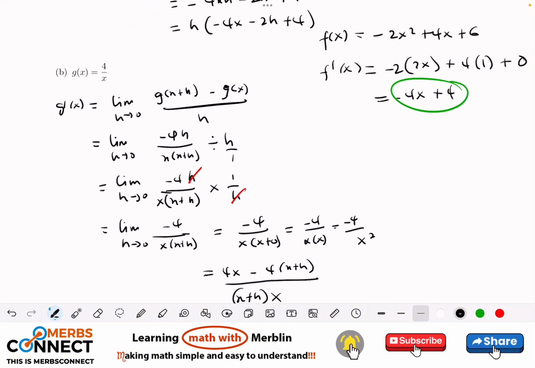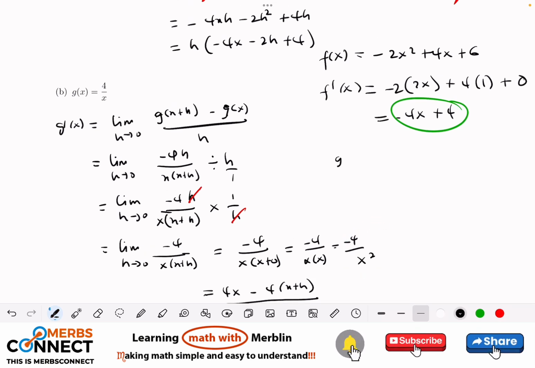So let's confirm the results. Now if I have g of x, which is equal to 4 over x, so we want to confirm this result here, right? So we know that this is the same as 4x to the power minus 1, right?